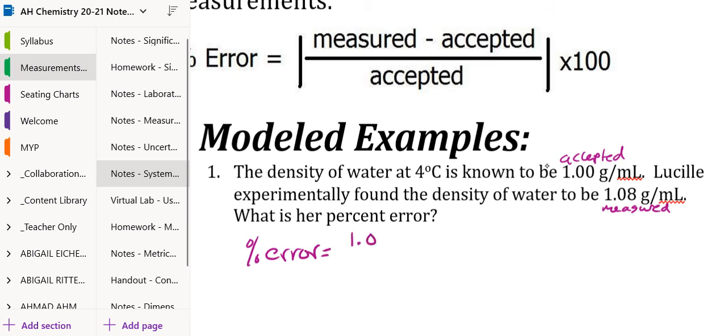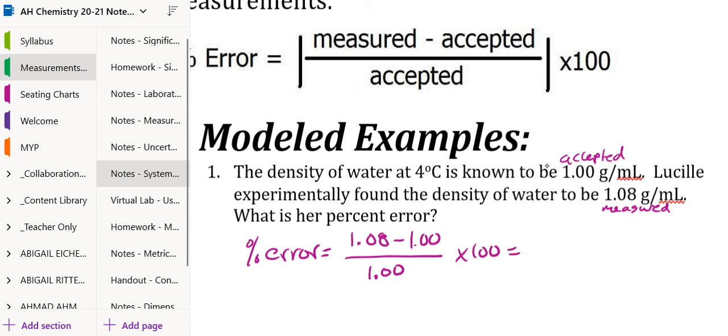So 1.08 minus 1.00 divided by, do we divide by accepted or measured? Accepted, which is 1.00. Do we need to keep up with the 0.00? Yes, why? Those zeros are significant. So find the difference, 1.08 minus 1.00, and then divide that by 1.00, the accepted value, and multiply by 100 to give us a percent.